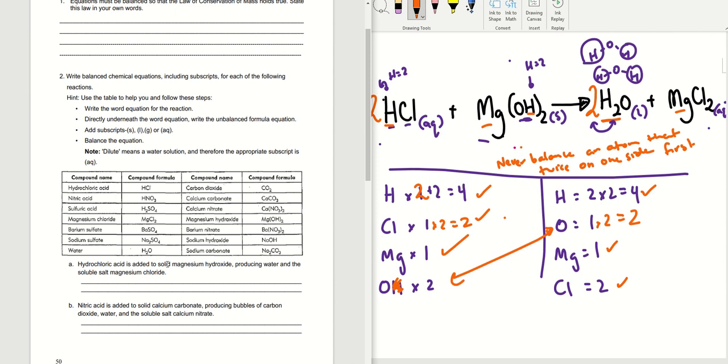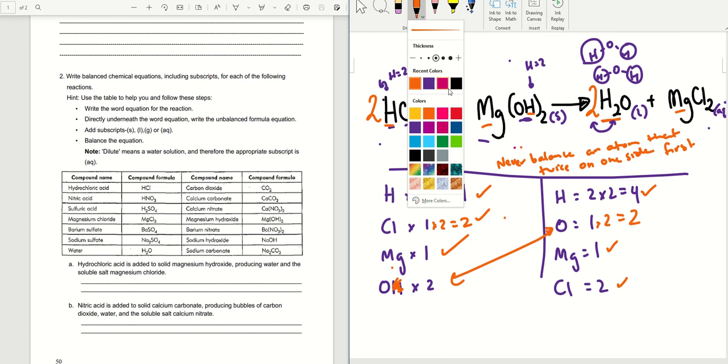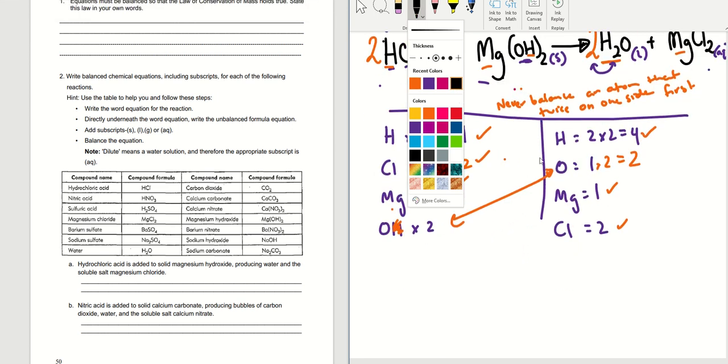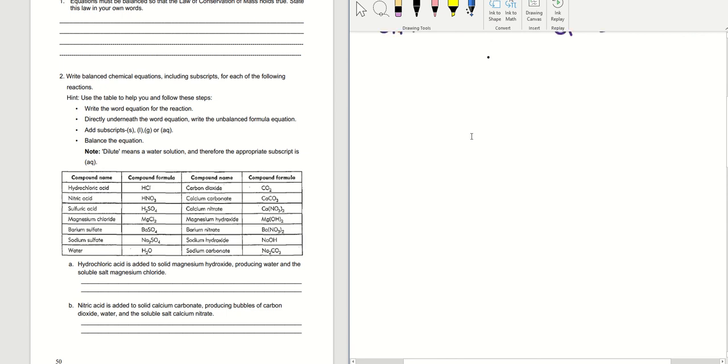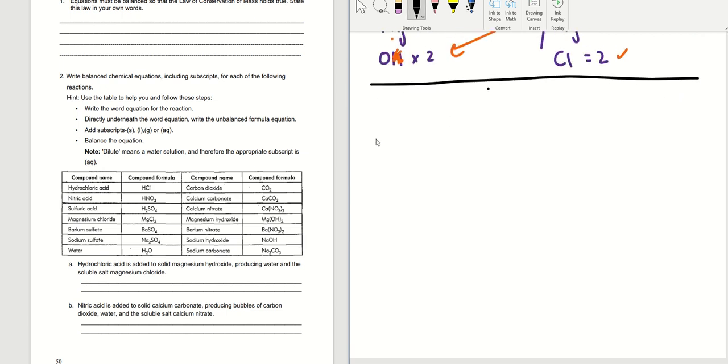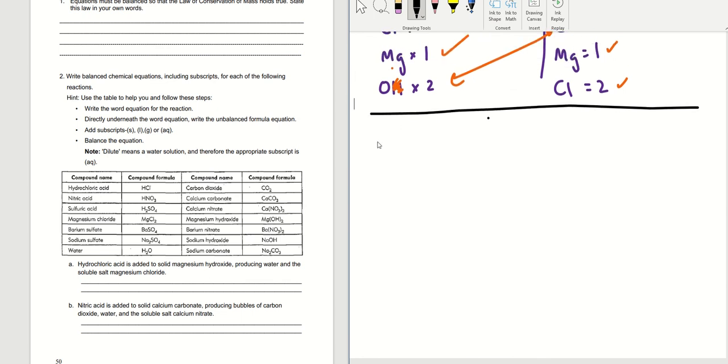Okay. Let's try another one. And this time, hopefully, I'll keep it within the same one. So we'll do B. So we have nitric acid. According to the table, nitric acid is HNO3 plus calcium carbonate.